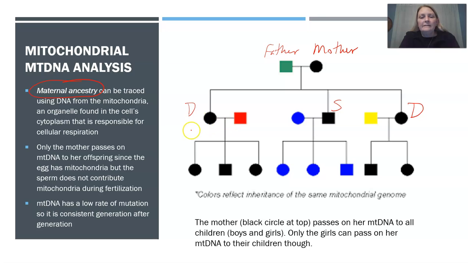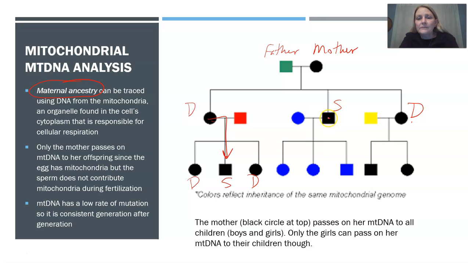And then those daughters are going to pass on their mitochondrial DNA to their children. So this lady passes on her mitochondrial DNA to another daughter, a son, and a daughter. This one, the son, cannot pass on the mitochondrial DNA, right?